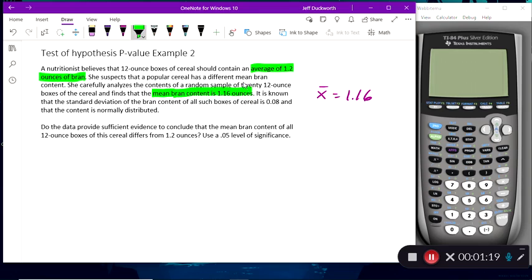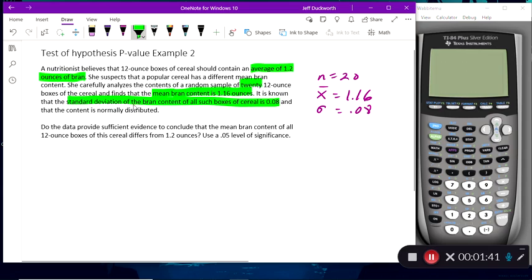We're also given that we have 20 boxes, so N equals 20. And we also know that the standard deviation of all, so we don't have the sample, we have the population, sigma, that's 0.08.